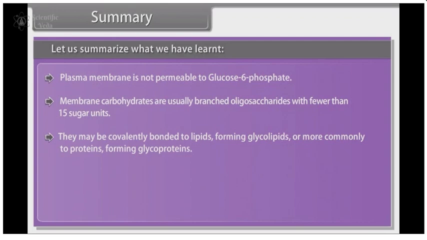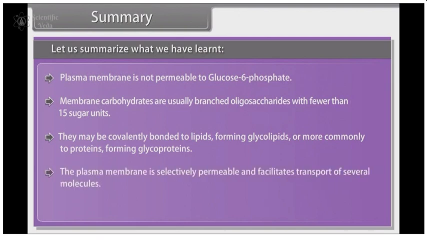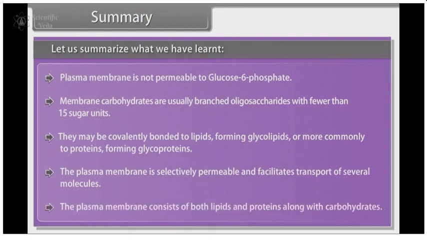They may be covalently bonded to lipids forming glycolipids, or more commonly to proteins forming glycoproteins. The plasma membrane is selectively permeable and facilitates transport of several molecules. The plasma membrane consists of both lipids and proteins along with carbohydrates.